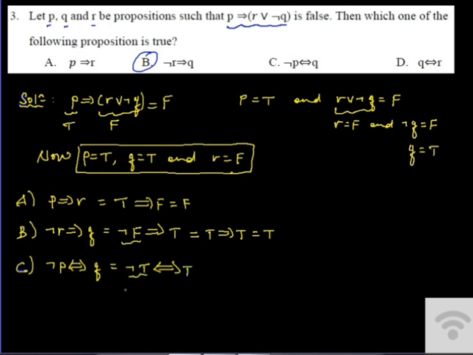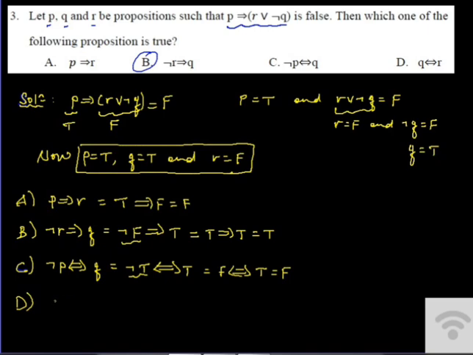So false bi-implies true. During bi-implication, both must be the same, both false or both true, to get a true result, but here it's not. So C cannot be the answer.